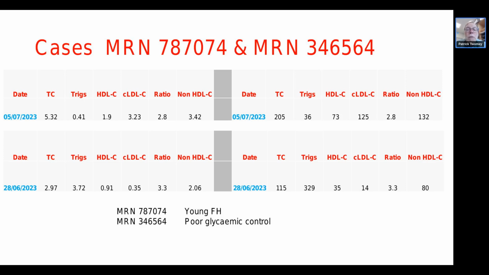And they will have a much smaller difference in the non-HDL and the LDL, definitely Friedewald, but even others. And those who have higher BMIs, diabetes, higher triglycerides will have a greater difference. So it gives you some quite interesting insights.